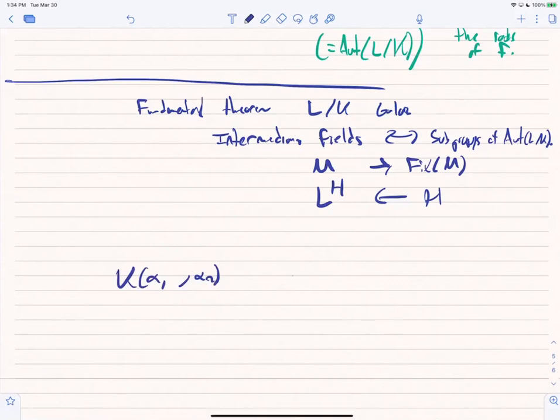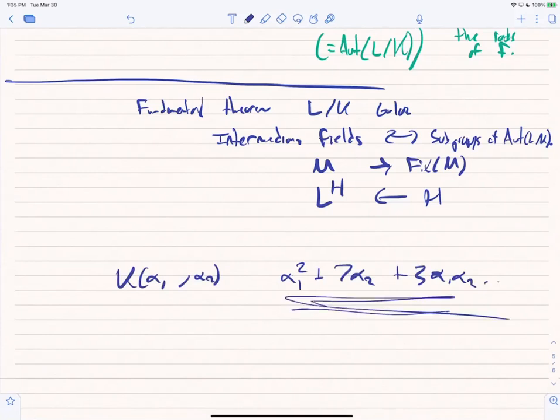I can look at alpha 1 squared plus 7 alpha 2 plus 3 times alpha 1 alpha 2 and so on, and then look at the subfield this generates. There are infinitely many ways I could combine these things, and somehow I'm only getting finitely many subfields generated by them. Lots of different choices of these crazy things generate the same subfield for some reason.